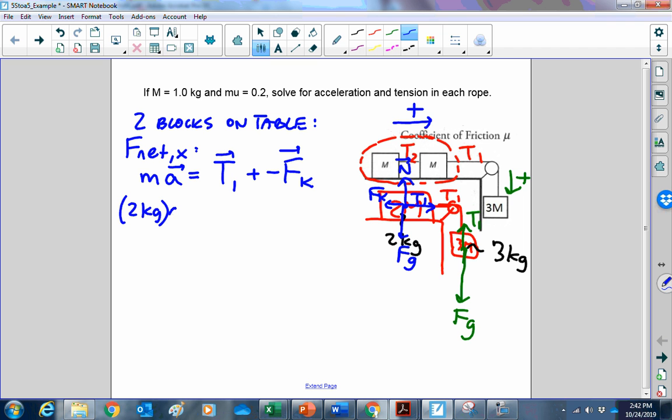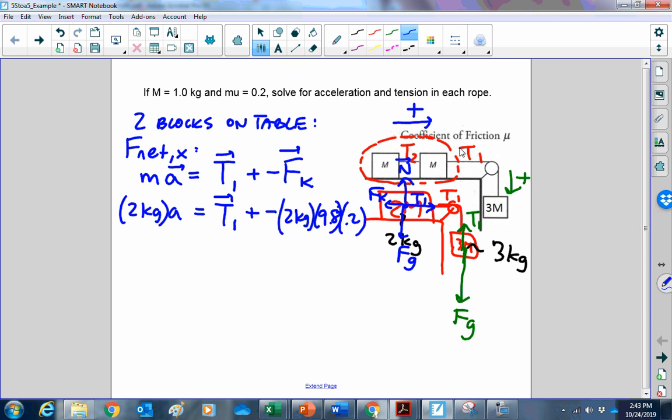I know the mass is 2 kilograms. I am looking for a. I do not know T1 either. The force of friction is really the normal force, but the normal force is the same size as the weight. The weight would be 2 kg times 9.8, times the coefficient of friction, which is 0.2.